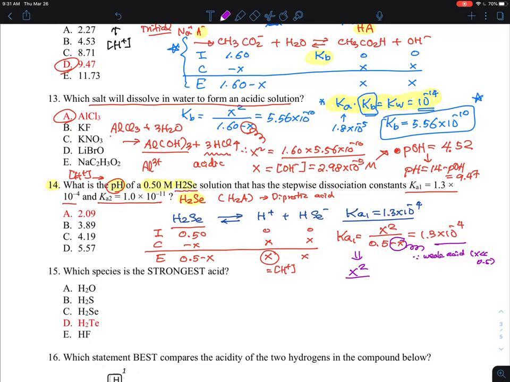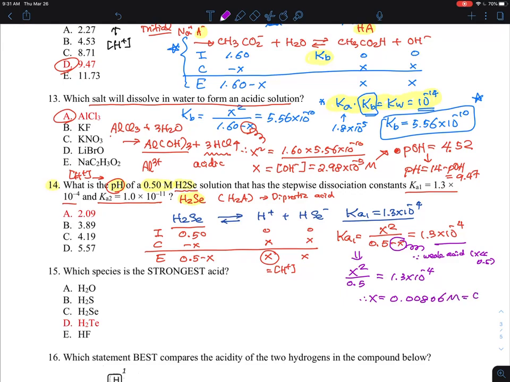X squared over 0.5 equals 1.3 times 10 to the minus 4. So what is X? X is 0.00806 molar.